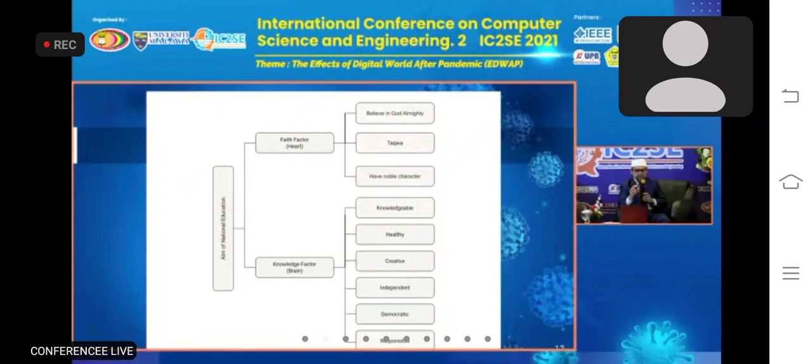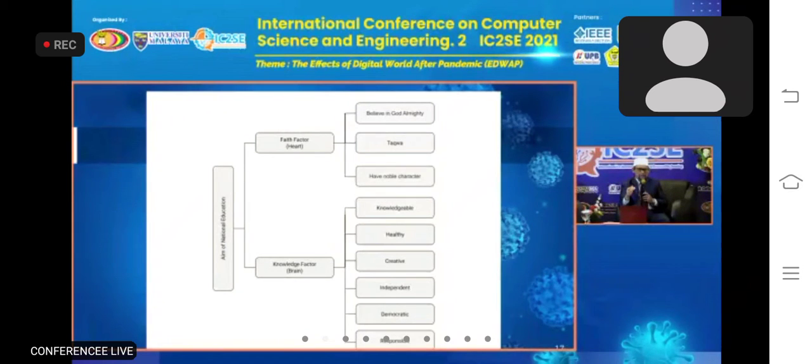There are three objectives of the education in the iman factor. There is iman itself, takwa, and noble character or good character. While the second factor, that is knowledge factor, includes knowledge, health, creativity, independence, democratic, and responsible.